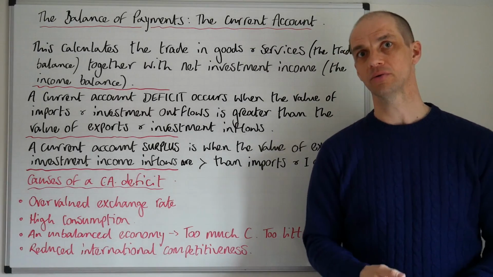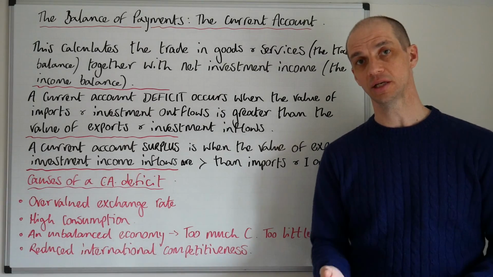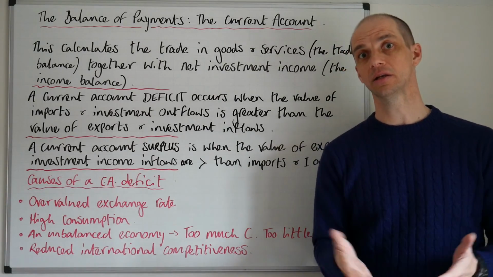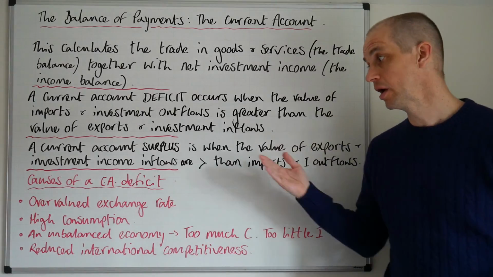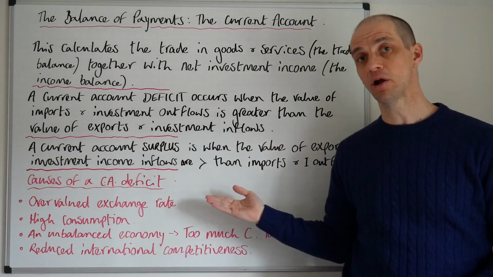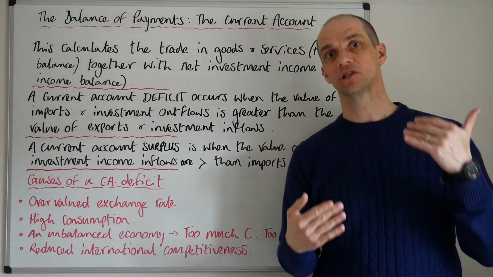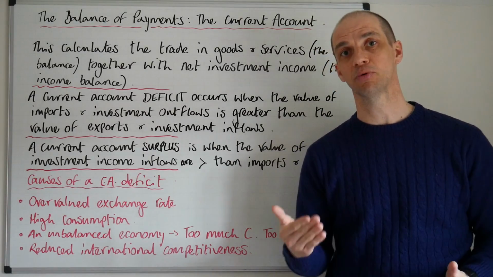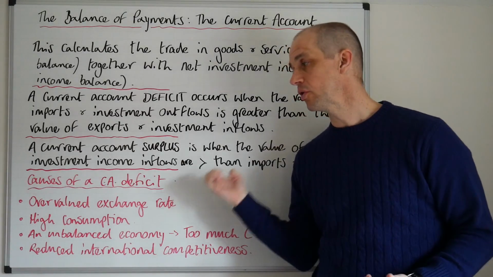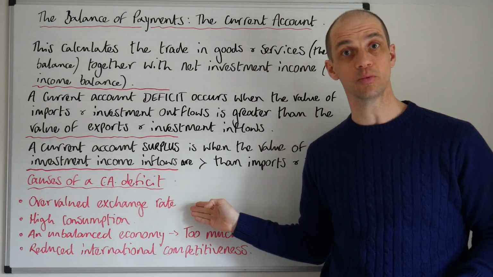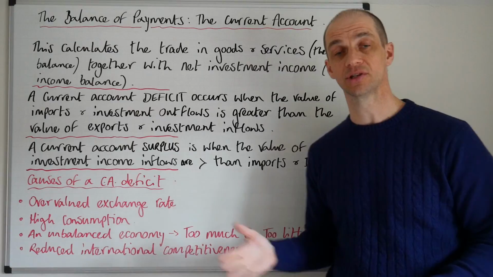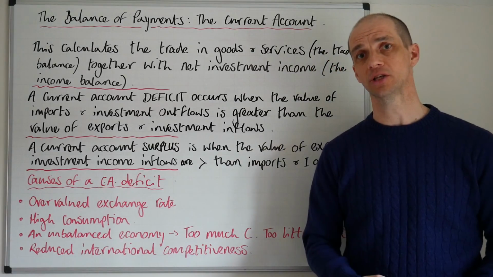Of course, the currency has subsequently depreciated. More recently, it's gained a bit of that value back. But nevertheless, having an overvalued currency, of course, means that you've got a strong pound, imports cheap, exports dear. Okay, so yeah, there's a key vulnerability where a country has an overvalued exchange rate.